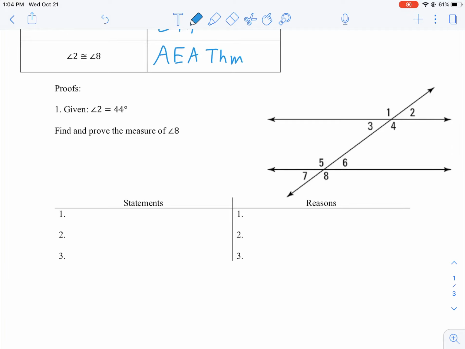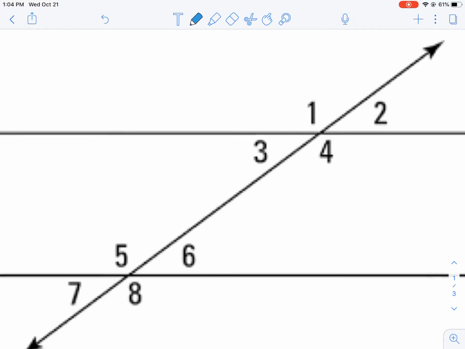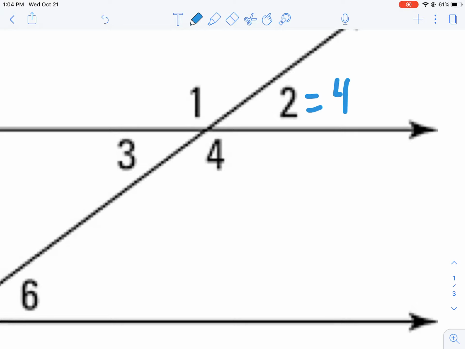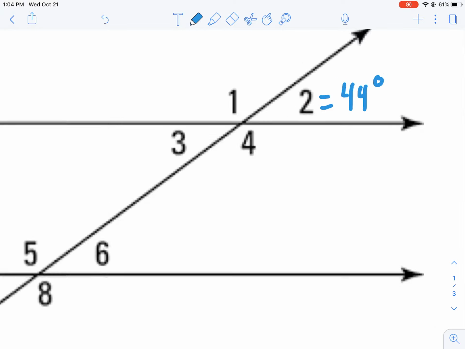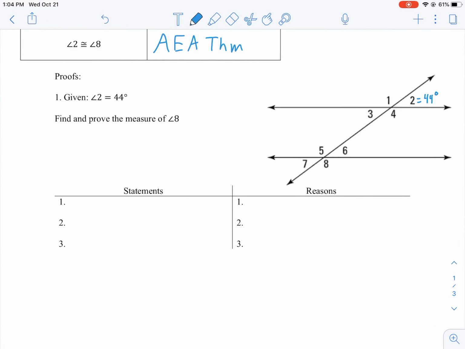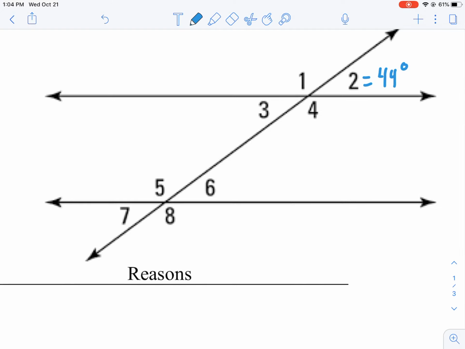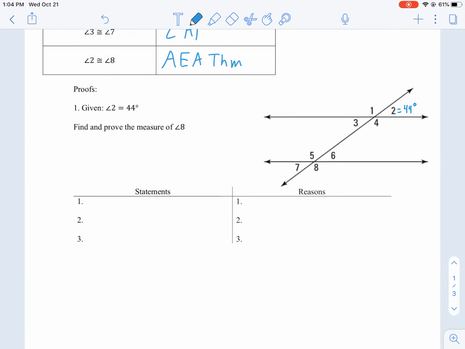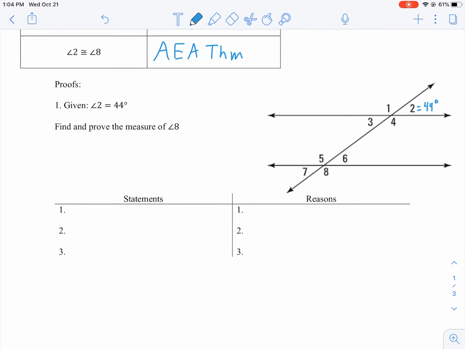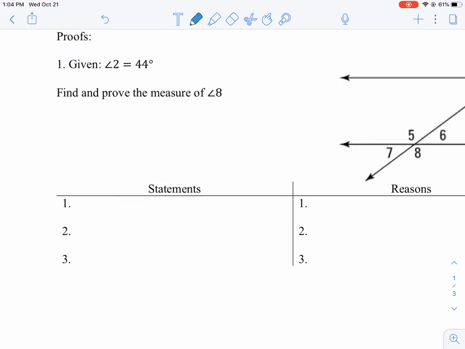So let's start. I'm going to tell you that angle 2 equals 44 degrees, and I want you to find and prove the measure of angle 8. So we have to essentially jump, angle 2 equals 44, so this equals that, all the way to 8. Now this one isn't that long. So we're going to start with our given.